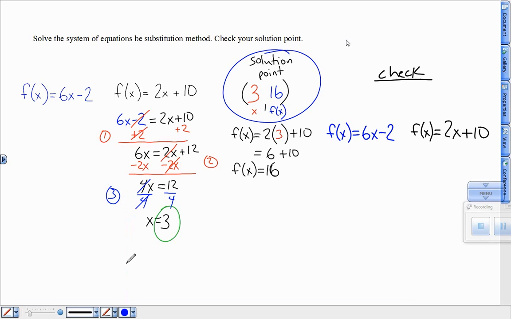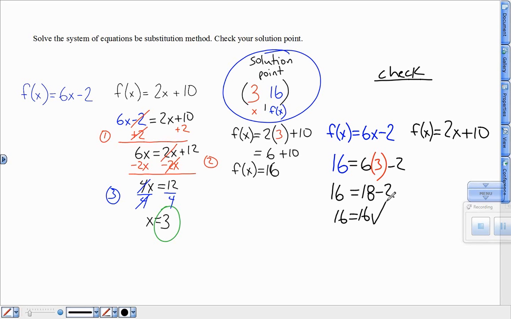When I do my check, I'm going to plug 16 for f of x, and then where x is, I'm going to plug in 3, and that should work. Minus that 2. That'll give me 16 equals 18 minus 2. That's 16 equals 16. That one worked.